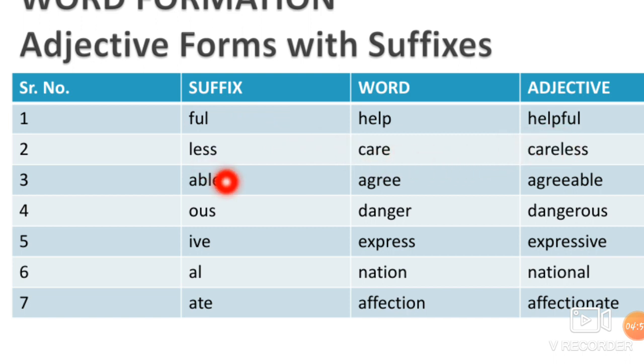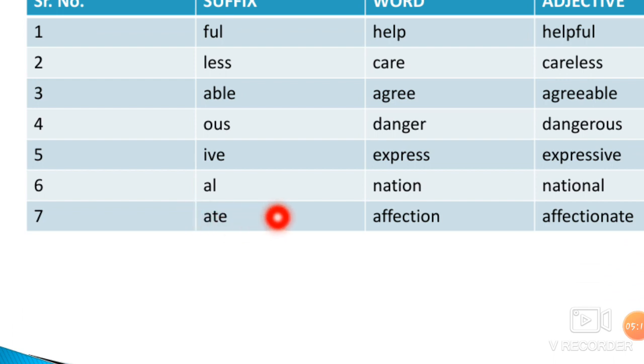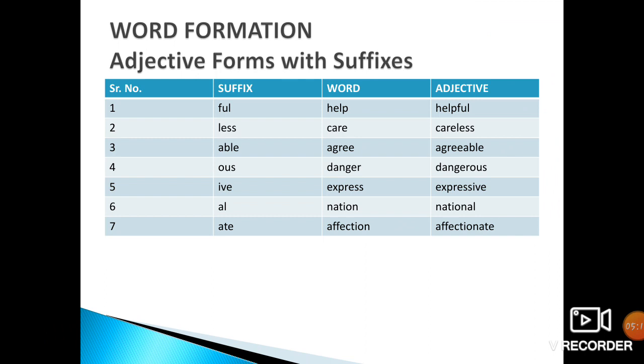Agree becomes agreeable. Danger becomes dangerous. Express, expressive. Nation, you know, national. Affection, affectionate. In this way, we have seen the suffixes full, less, able, ous, ive, al, and ate. These are added to the particular root words to form the adjective forms.